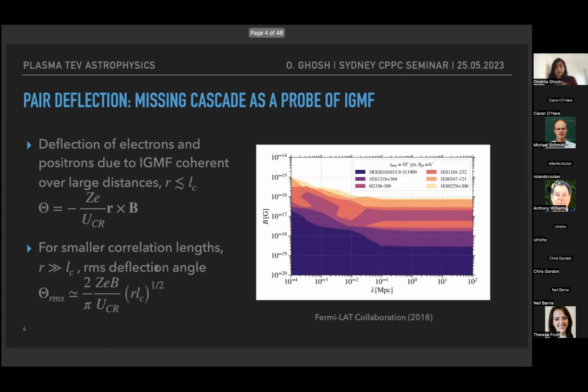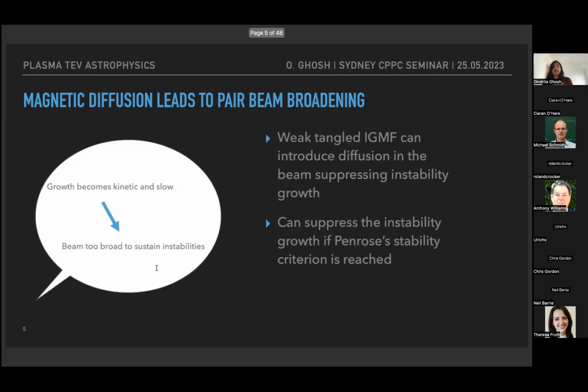So the idea is if you have a strong enough field, it would kick the pairs far away from this pair beam, and they would then cascade and contribute to, say, the isotropic gamma ray background.